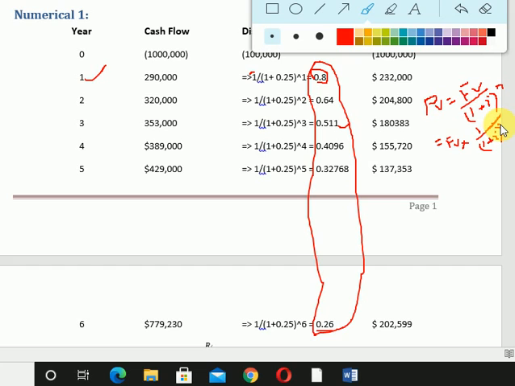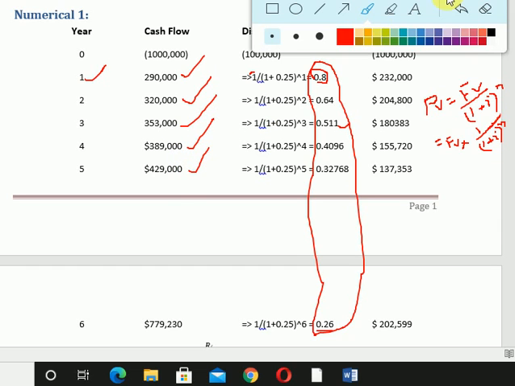So I found 1 divided by 1 plus I for each year. Now I will multiply this with the future value, one by one, by their concerned discounting factors.